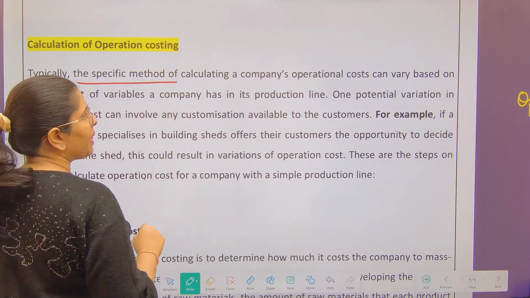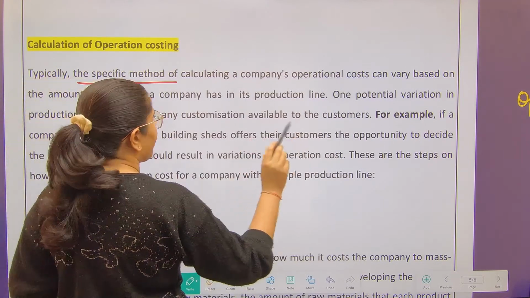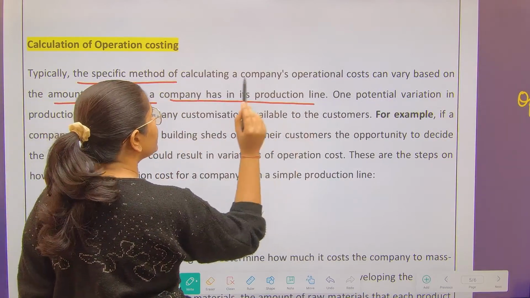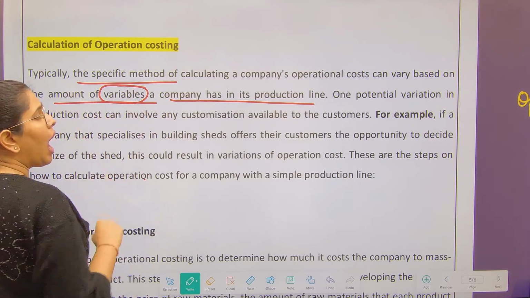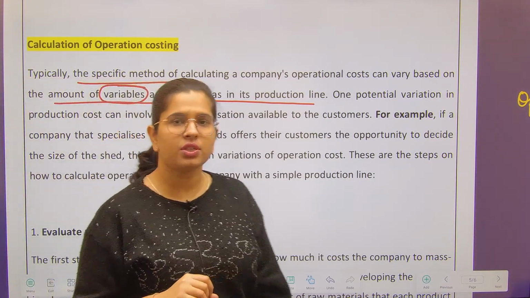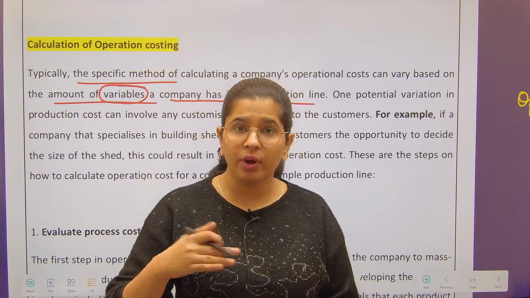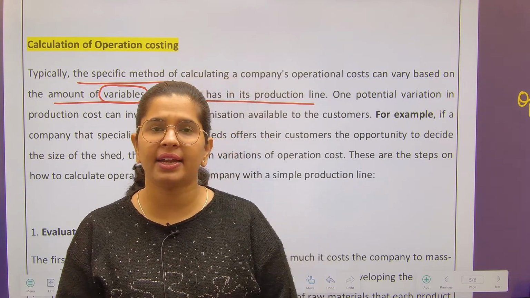Typically, the specific method of calculating a company's operational cost can vary based on the number of variables a company has in its production line. Variables means how many different features you are adding into your products. If there are more different features, then more operations will be added.